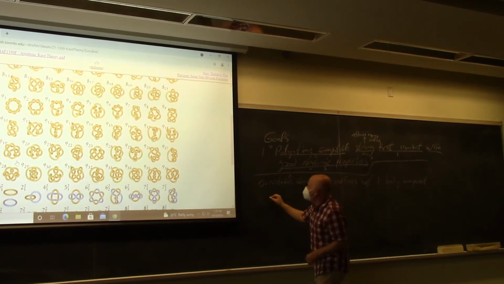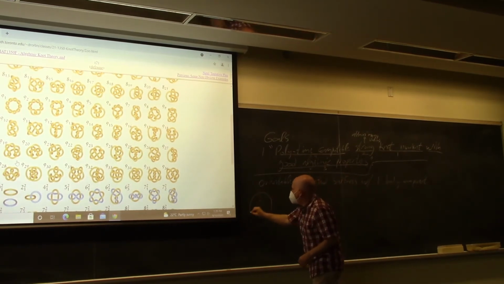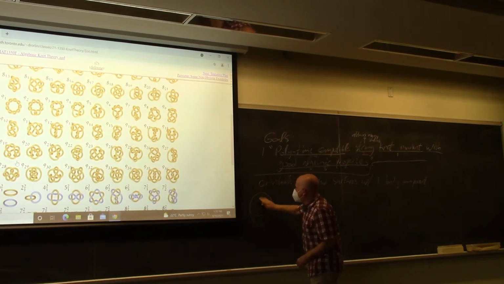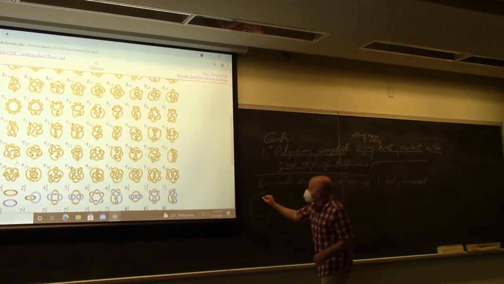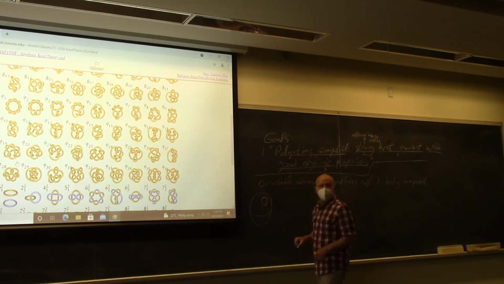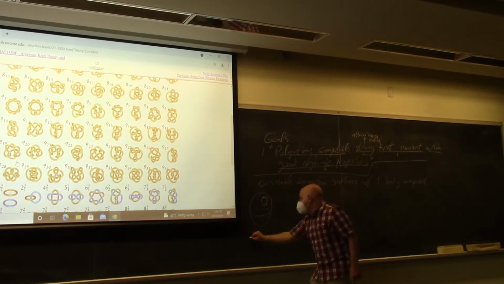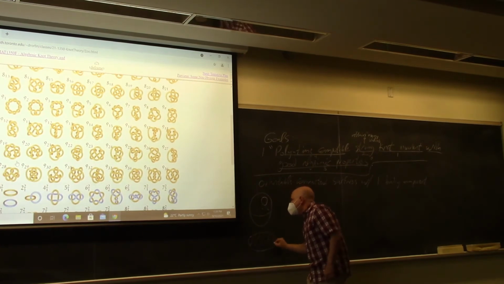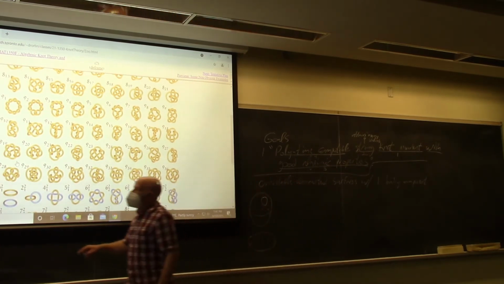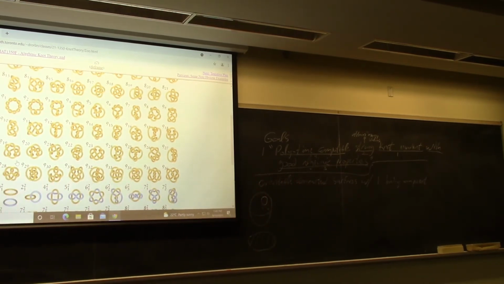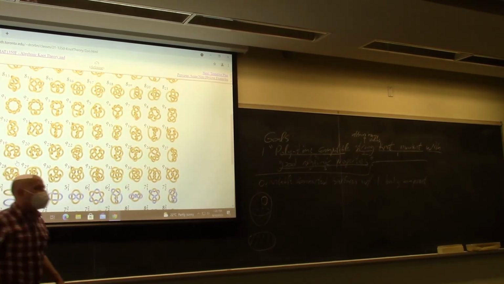So basically the sphere, but you see I wanted it to have 1 boundary component, so you remove a disk. So the sphere with a disk removed. The sphere with a disk removed is really just a disk in itself, and we already saw it over here as the thing whose boundary is the unknot.